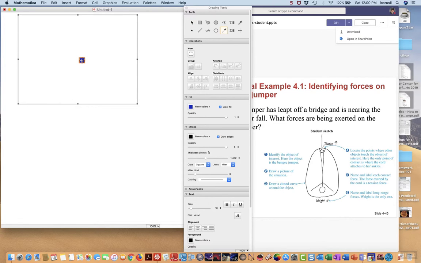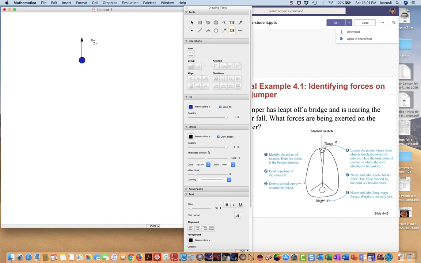So there is a tension, as you can see, of the bungee rope on the jumper. So I'm going to go ahead and draw an arrow, and I know that that tension is acting upward, so I'm going to draw an arrow upward. So here's my arrow. I'm going to call it T.